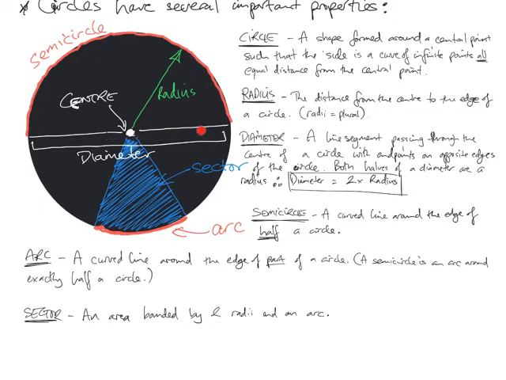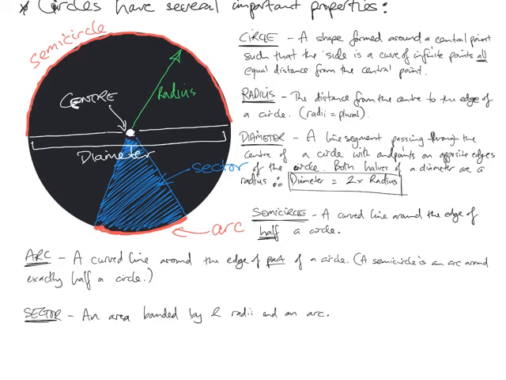That is the diameter going across there. Both halves of the diameter are a radius, so this half of the diameter is from the center to the edge, so it's also a radius, and this is also a radius on the other side. So a property you should remember is that diameter is equal to 2 lots of the radius. And the opposite of that is a radius is half a diameter.